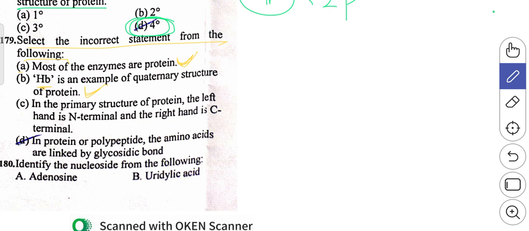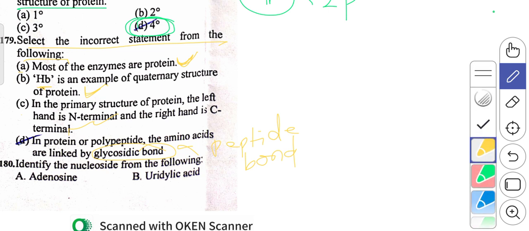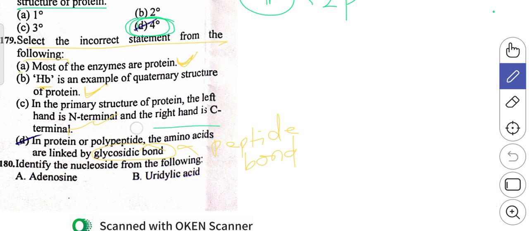C, in the primary structure of protein, the left end is N terminal, the right end is C terminal. This is also true. Then fourth one, in protein or polypeptide, the amino acids are linked by glycosidic bond. So this is wrong. It has to be peptide bond. So the right answer for this one is D, as they asked for the incorrect one.